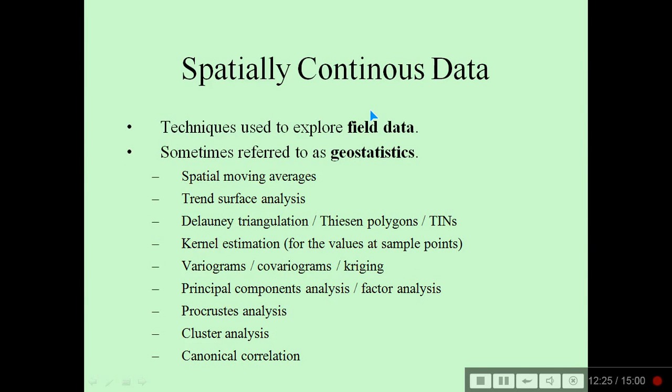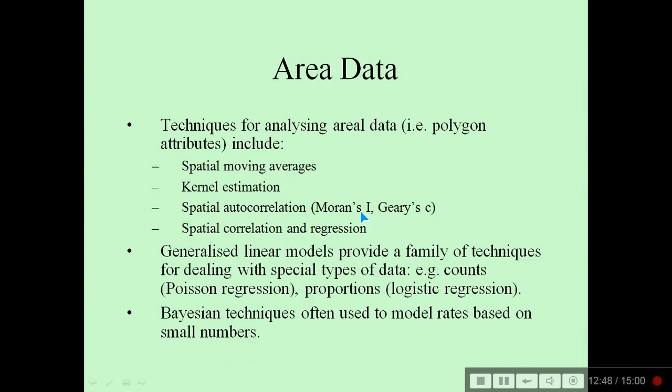Spatially continuous data: the techniques used to explore field data, sometimes referred to as geostatistics. So we have spatial moving averages, trend surface analysis, Delaunay triangles, TINs, Thiessen polygons, kernel estimation, variograms, covariograms, kriging, PCA, factor analysis, Procrustes analysis, cluster analysis, and canonical correlations.